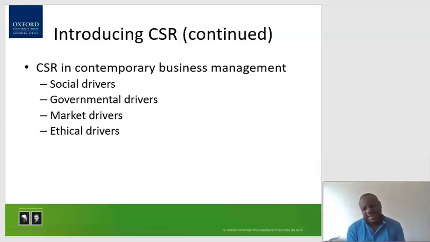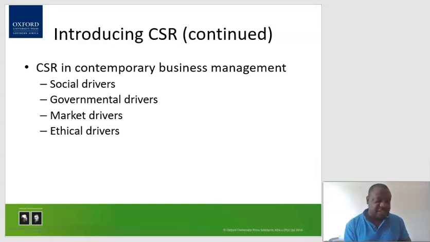There are also market drivers, whereby companies engage in corporate social responsibility activities so as to gain revenue or to reduce costs. That is actually on page 156 of your textbook, where market drivers are explained and why companies engage in these.